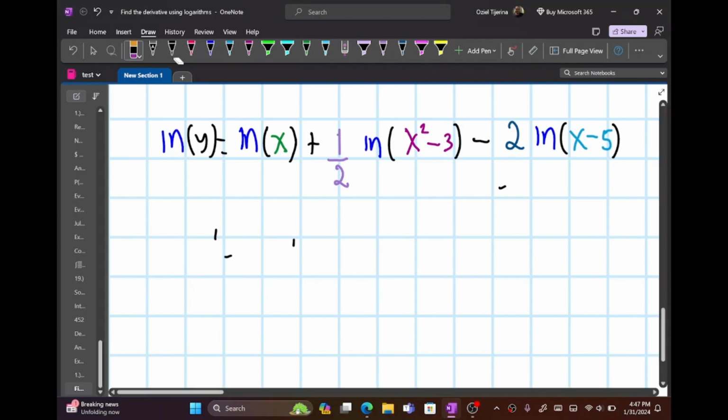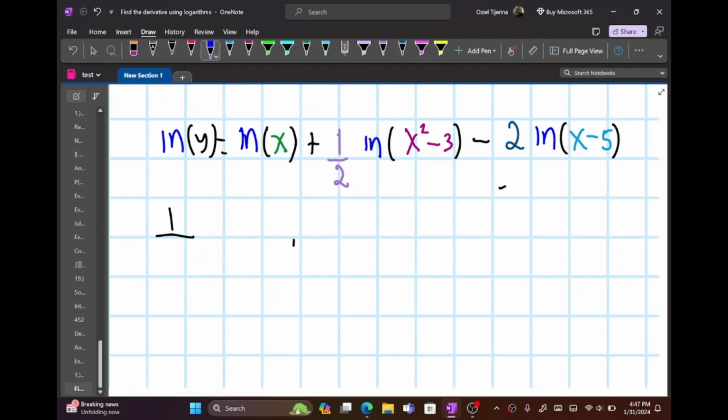So then we know that for the derivative of this, it'll be 1 over y times y prime. So really, this goes here, and we're just taking the derivative of the inside.